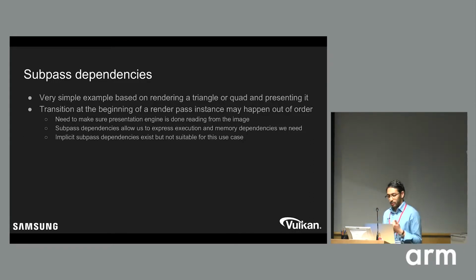So while you can specify the layouts in a subpass for each subpass and specify the final layout, and then that gets transitioned to automatically, it can still happen out of order. So you've got to make sure that you're doing it right. In this case, you've got to make sure that the presentation engine is done reading from the image, and the subpass dependencies and other external dependencies like semaphores, which I'll explain later on, help us make sure that this is happening in the right order.